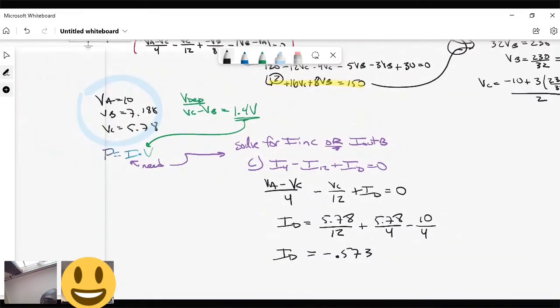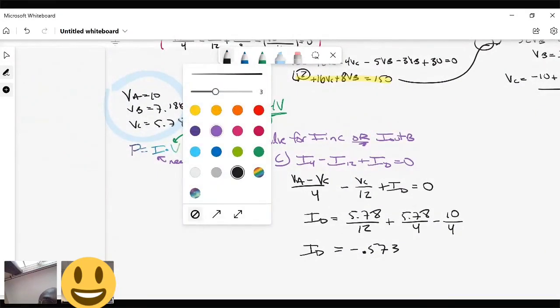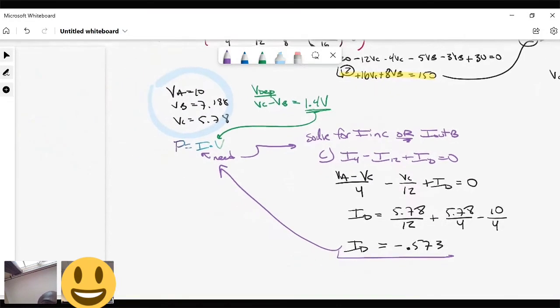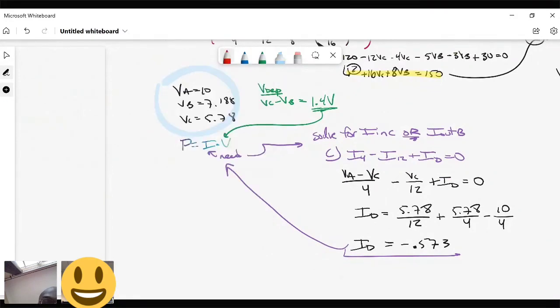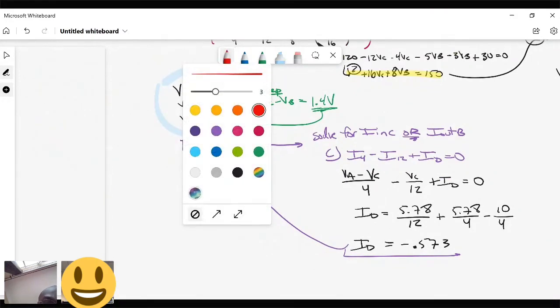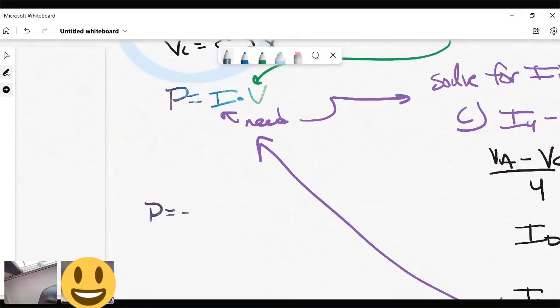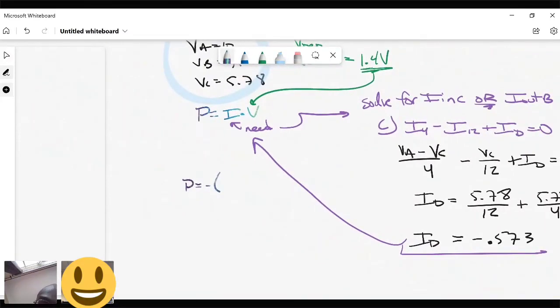You follow me? And now I just plug that back into my I. And so, last but not least, I just solve for the power. Power equals negative. Remember, if power is negative, it's being delivered. If it's positive, it's being absorbed.